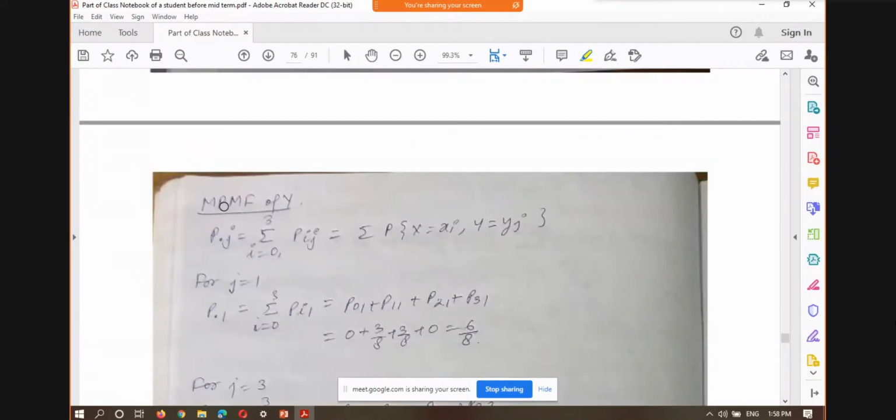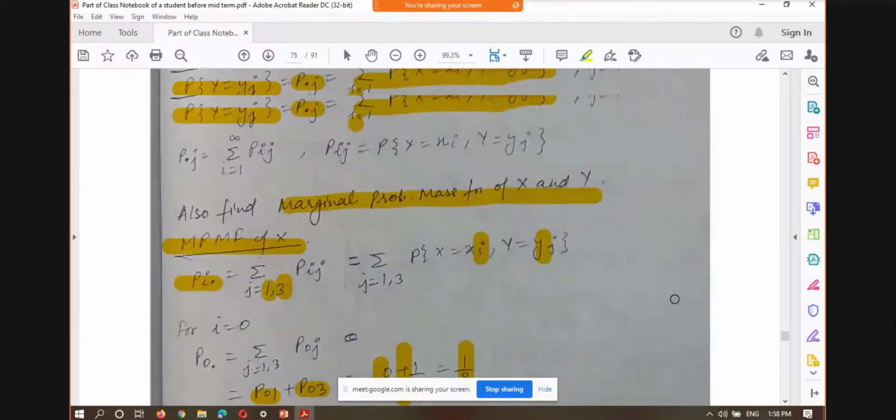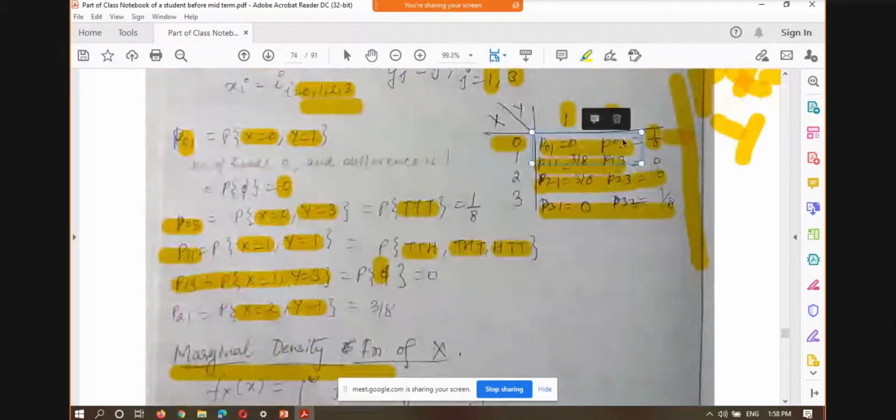Similarly, we can calculate for y also. So p dot j is the summation over i from 0 to 3, because here i is taking values in the sequence 0, 1, 2, 3. For j equal to 1, p dot 1, I have to add over all values of i: p01, p11, p21, and p31. After adding, I will get 6 by 8. You can see that it is a column sum of the values of y here.